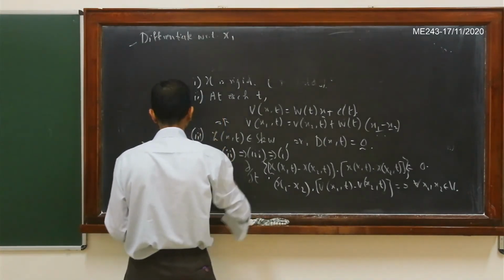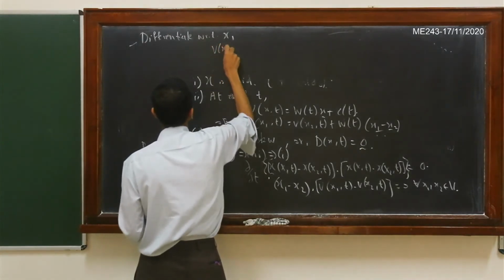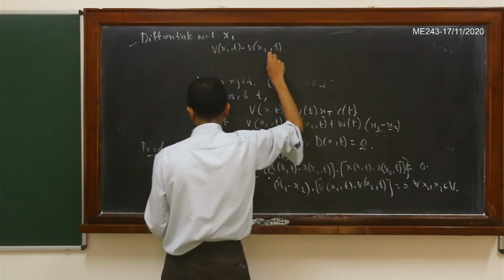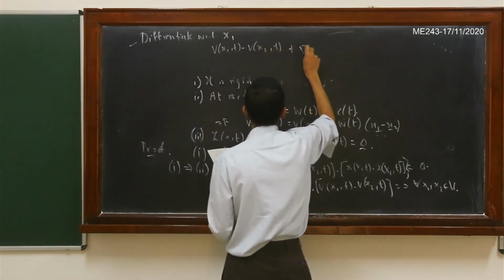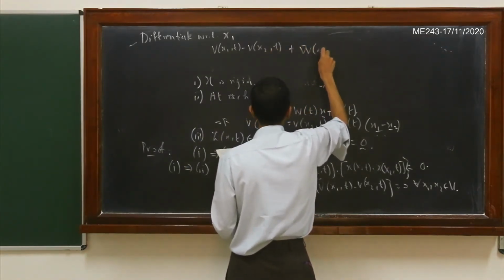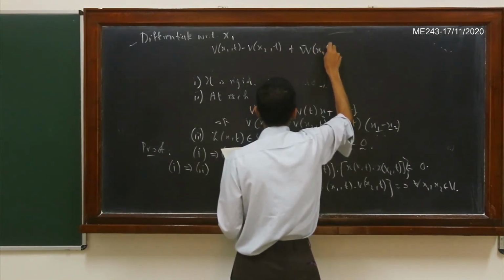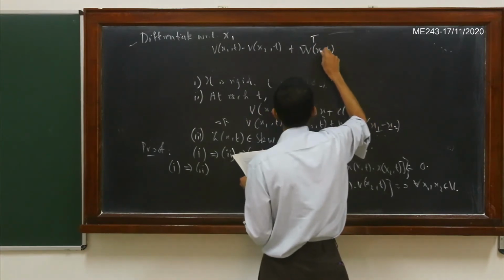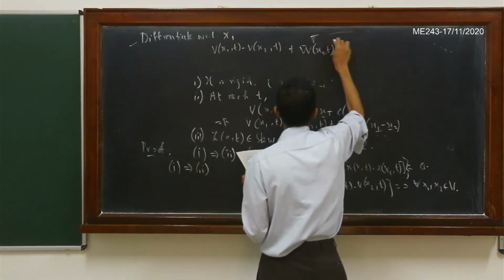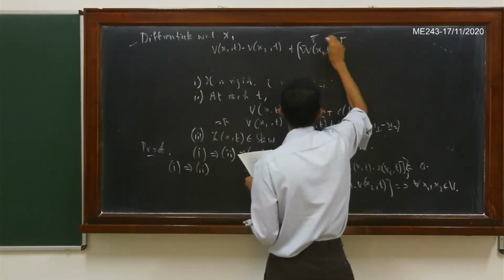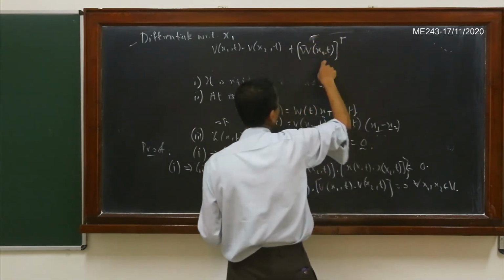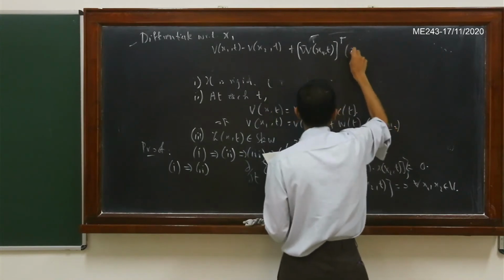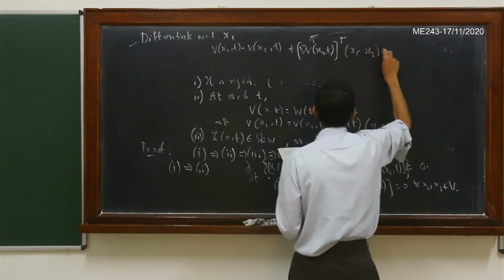Then what we will get is V at x1 comma t minus V at x2 comma t plus the transpose of del V at x1 comma t, times x1 minus x2, is equal to 0.